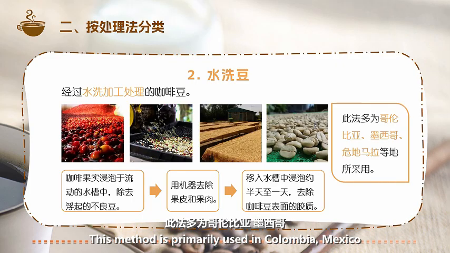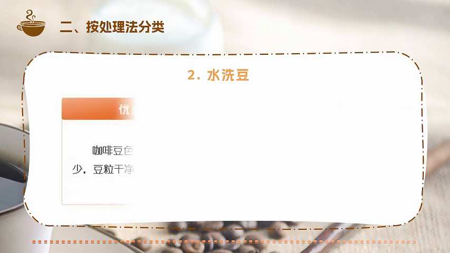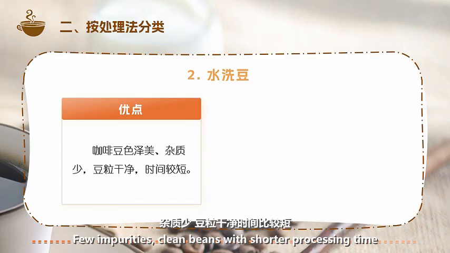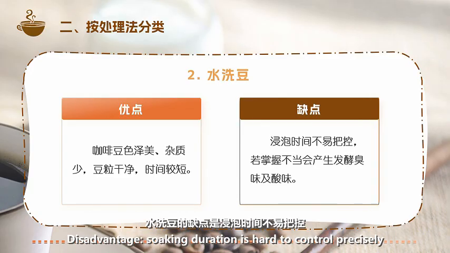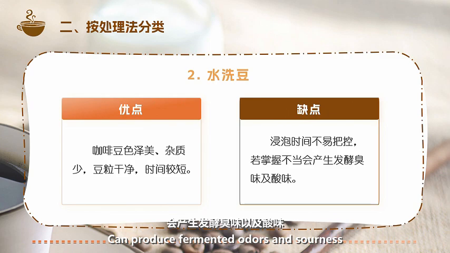This method is primarily used in Colombia, Mexico, and Guatemala. Advantages of washed beans: resulting beans have beautiful coloration, few impurities, clean beans with shorter processing time. Disadvantage: soaking duration is hard to control precisely. If improperly managed, can produce fermented odors and sourness.